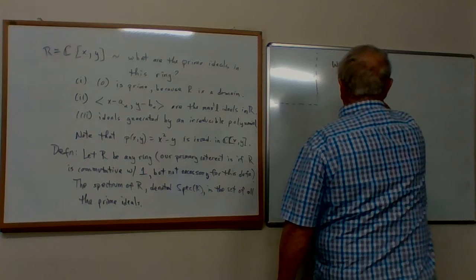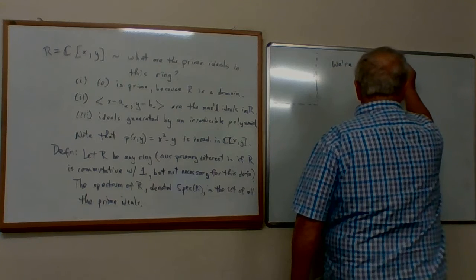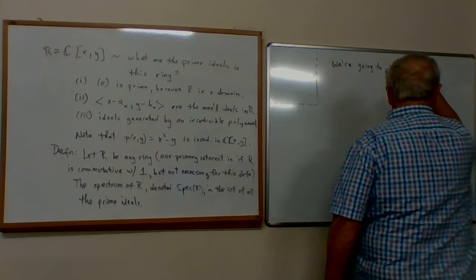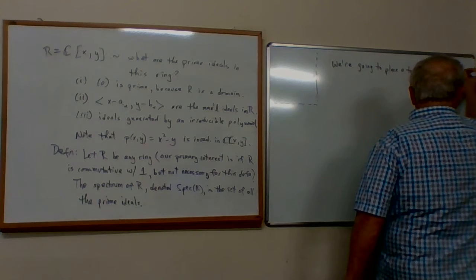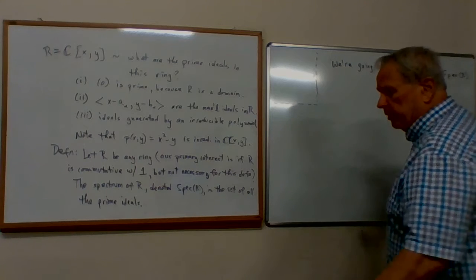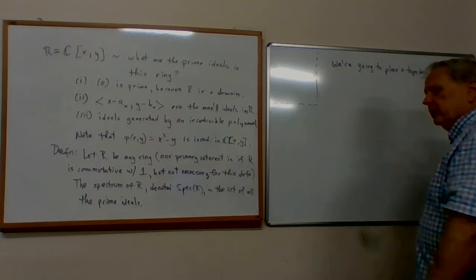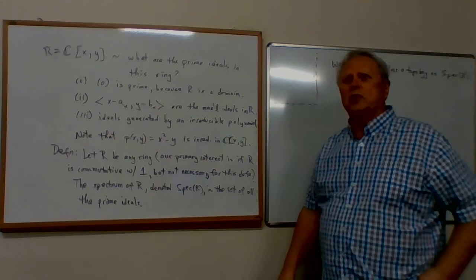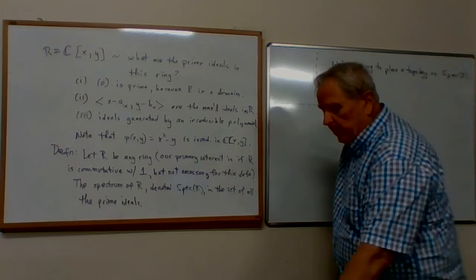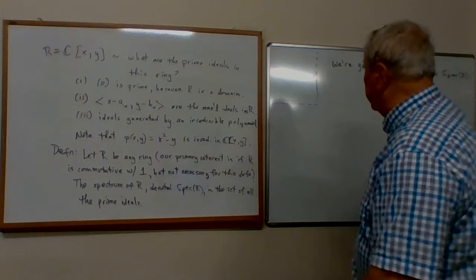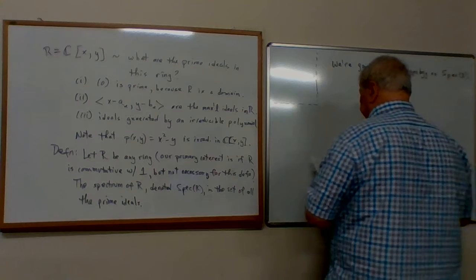So we're going to place a topology on Spec R. Keep in mind, you can put any number of topologies on Spec R, but this is the one that has been useful. And by the way, you'll probably find some research papers that say there are other topologies on Spec R that are more useful than the Zariski topology. But we're going to learn about this one because this is the one that historically has given people the most mileage.